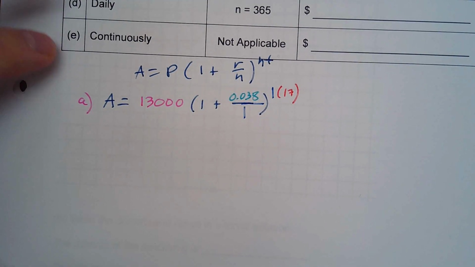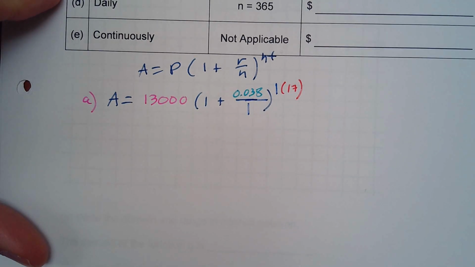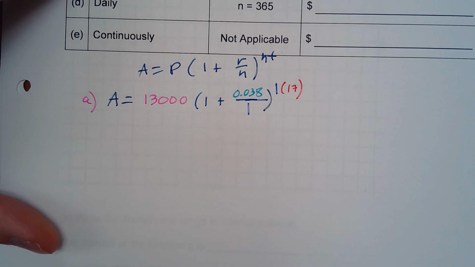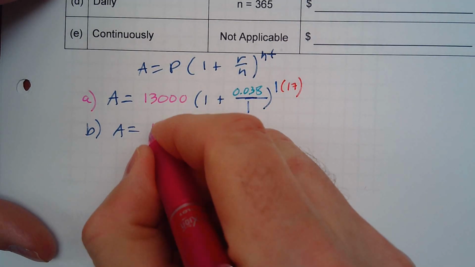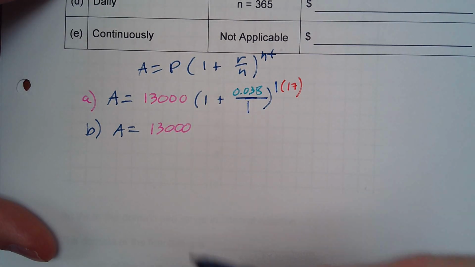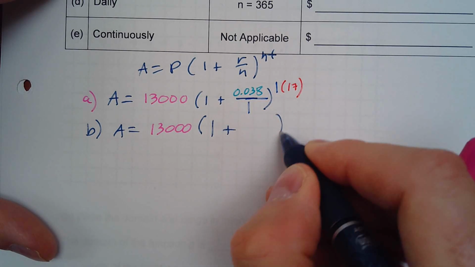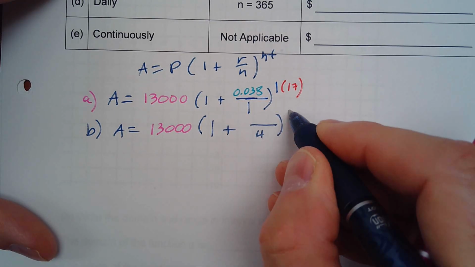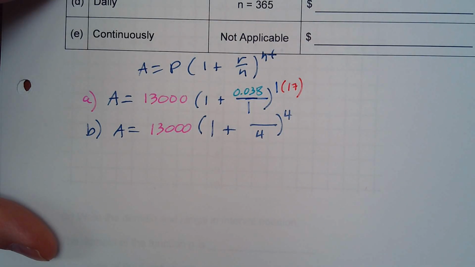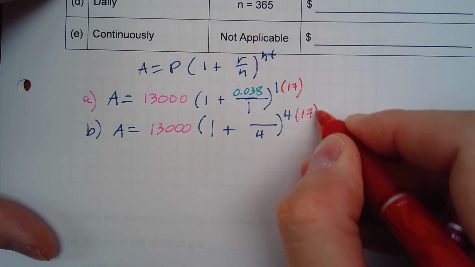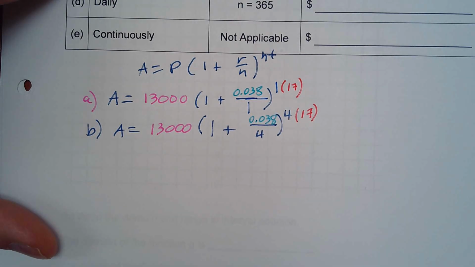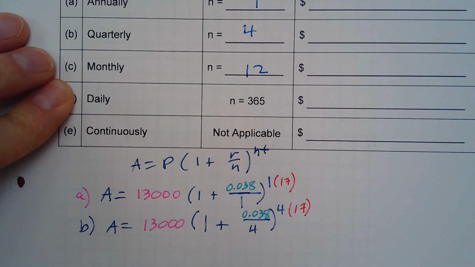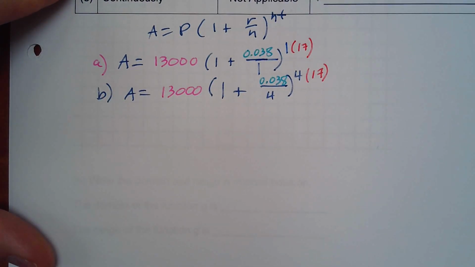Now for B, C, and D, we're going to be doing the exact same thing. The only thing is we're changing the value of n. So for B, n is going to be 4. For C, n is going to be 12. So it's the same thing.